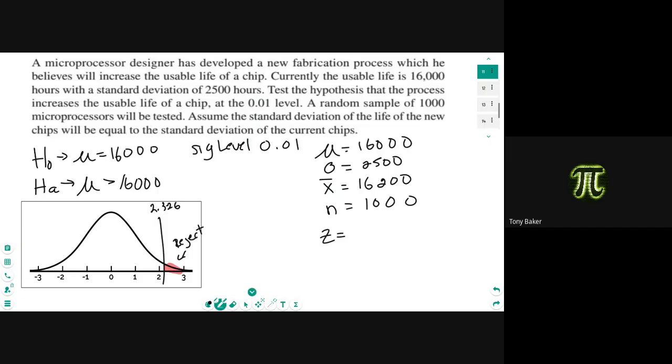All right, so my z is what? 2.53. So we are over here somewhere.